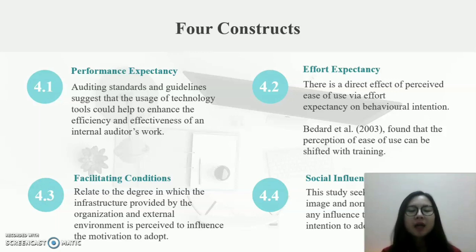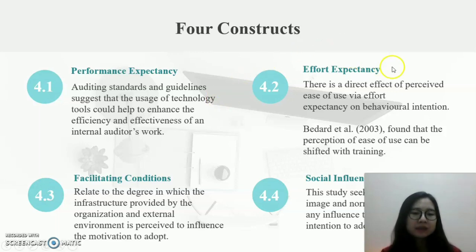By adopting CAATTs, the internal auditor can perform various functions, for example to test program controls, to improve the efficiency of audit testing, or to facilitate risk assessment. So CAATTs are argued to be an important tool for internal auditors in their audit work performance.